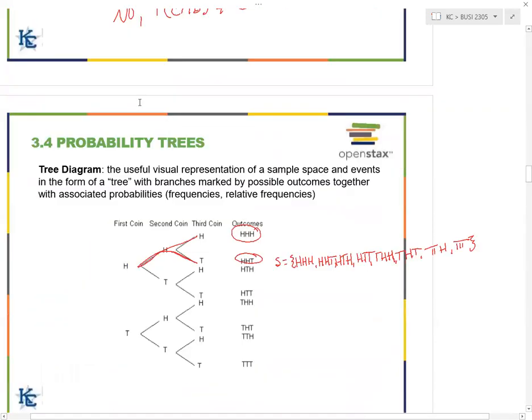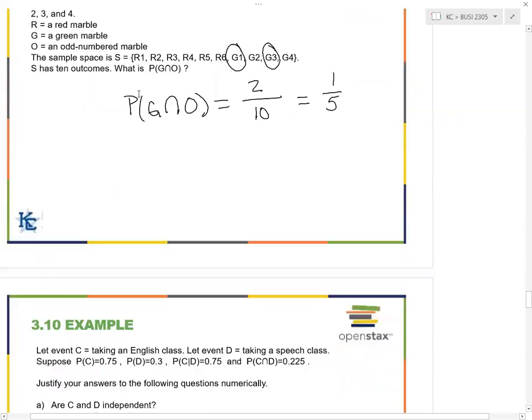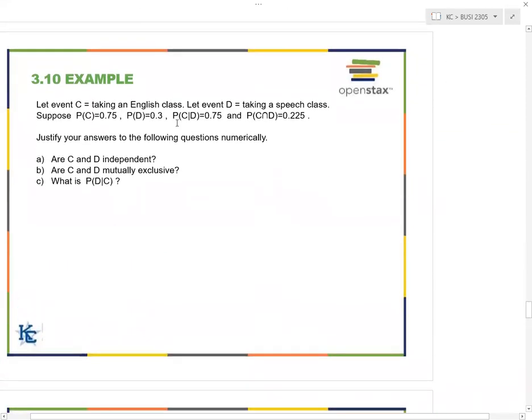So let's go look down here and see again how that question was worded. Are C and D independent? So we have the probability of C given D equals 0.75, and the probability of C equals 0.75.